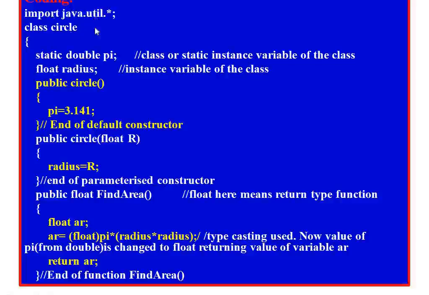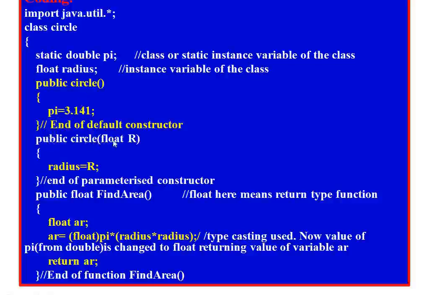Import java.util.*. Class circle, static double pi, float radius, public circle, pi equal to 3.141, it is initialized. Look here: static double pi, an instance variable of the class. End of the default constructor.